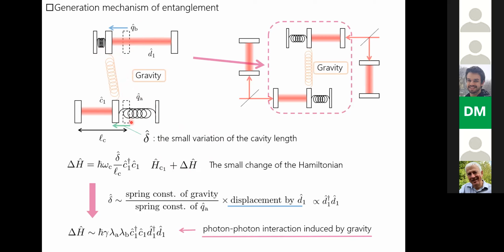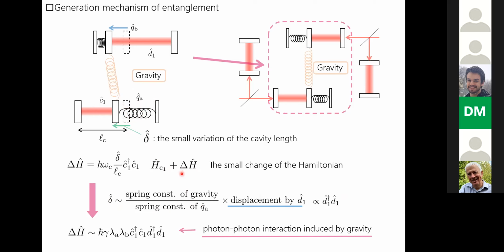On the other hand, when the spring constant of the oscillator A is large, the restoring force acts well, and the cavity length does not change so much. Hence, the variation delta is roughly given by this equation.